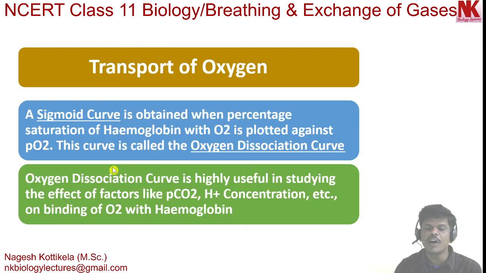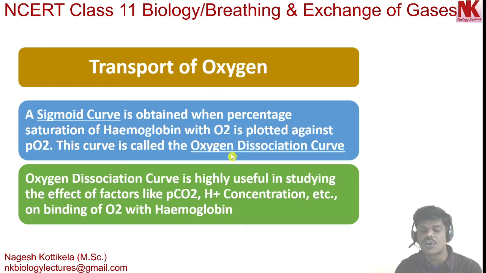Now, moving to the next. A sigmoid curve is obtained when percentage saturation of hemoglobin with oxygen is plotted against partial pressure of oxygen. I repeat this once again, very important. A sigmoid curve is obtained when percentage saturation of hemoglobin with oxygen is plotted against partial pressure of oxygen.